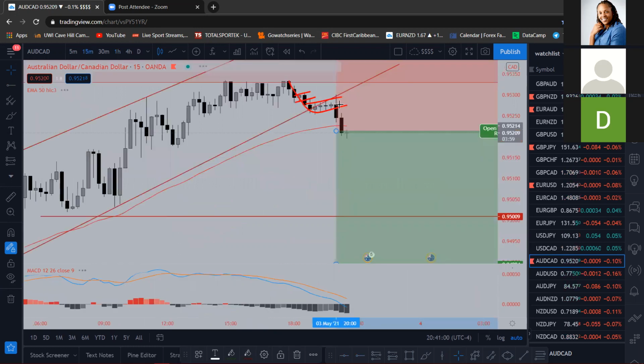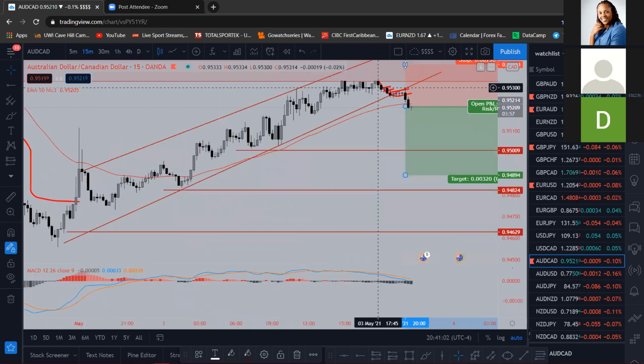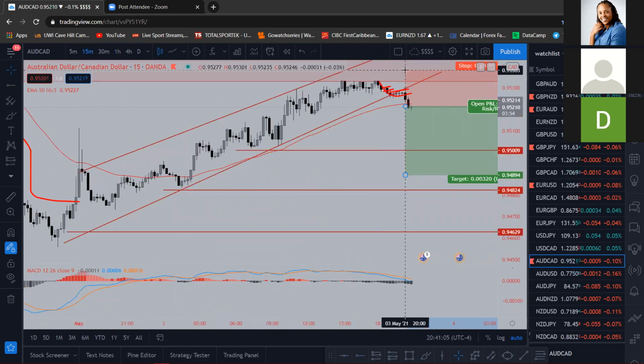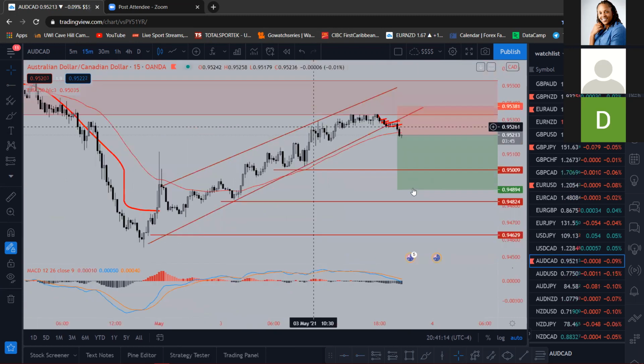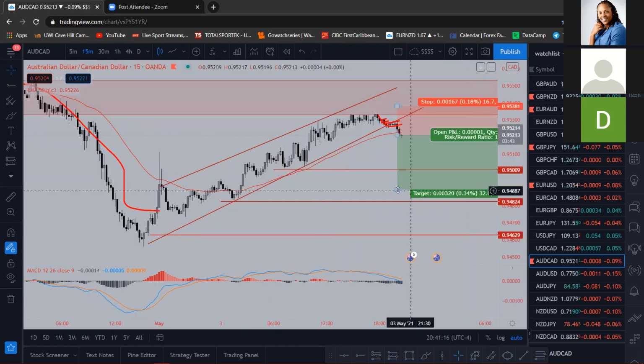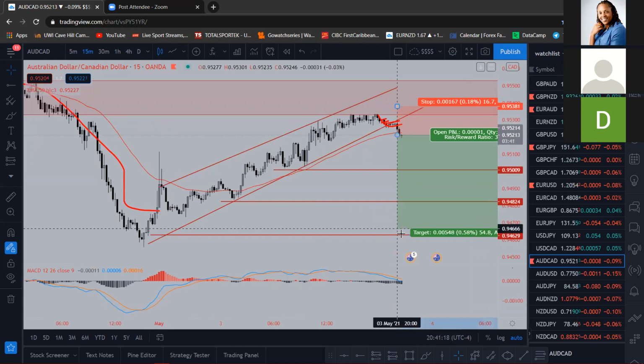The stop loss is going to be above this high, because if price reverses and breaks this high, this here is invalidated. So the stop loss is 0.95381.